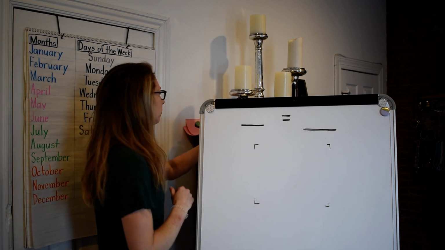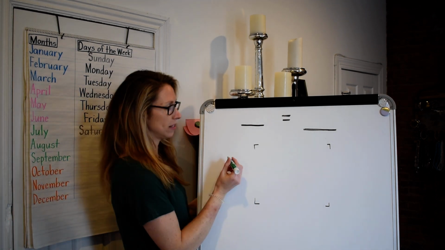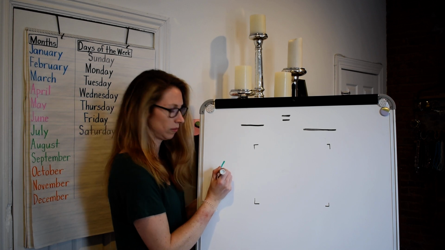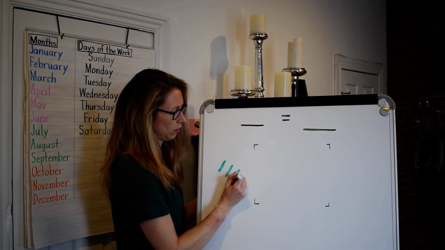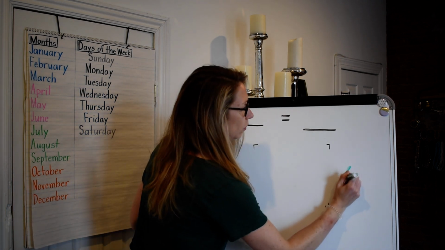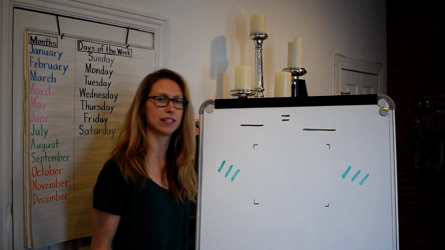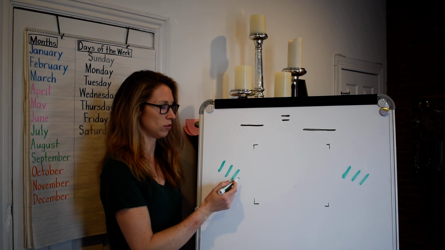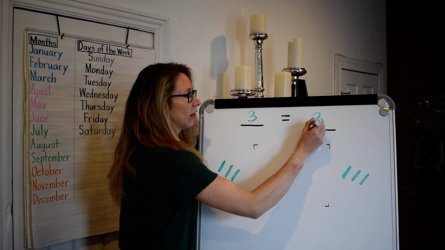So, let's say I have some green beans. Green beans look like that, right? Green beans, 1, 2, 3 green beans on this side. 1, 2, 3 green beans on this side. So, I have 3 and 3.